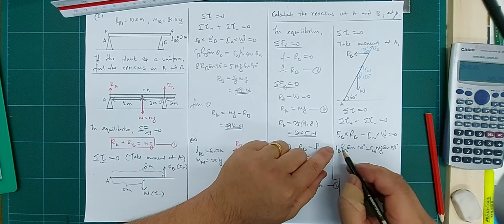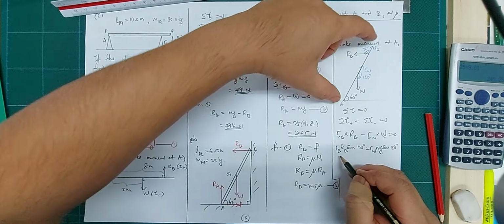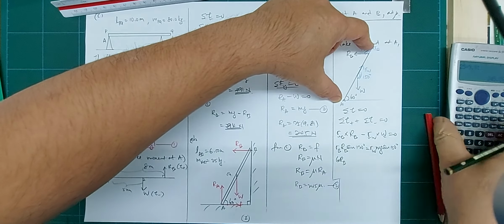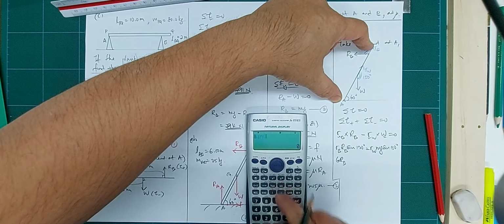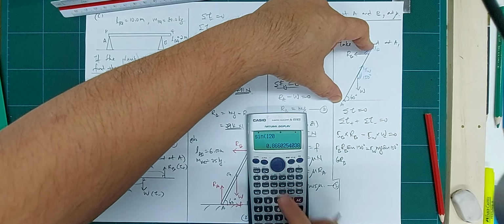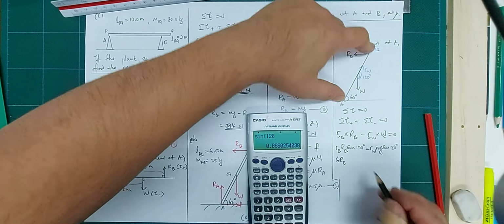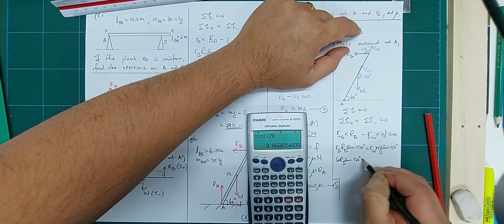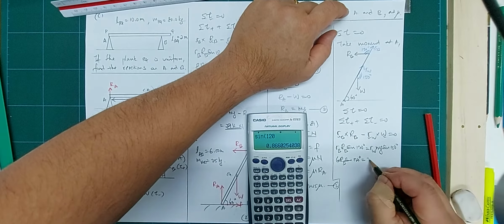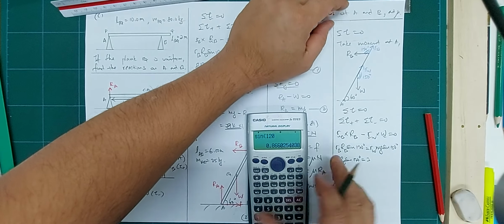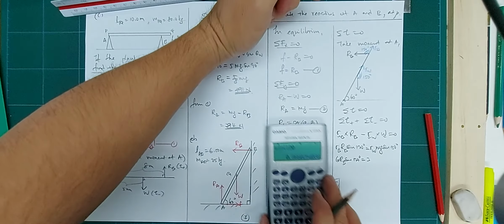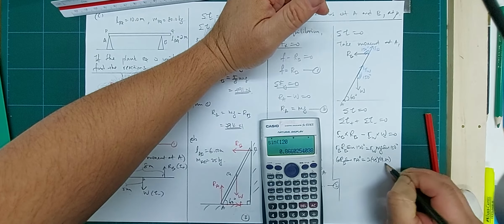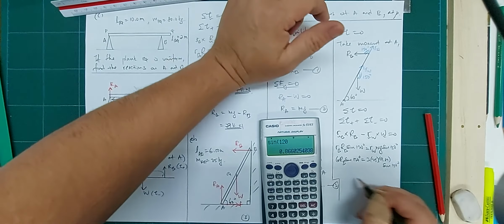Okay, our RB here is this length, which is 6 meter. So 6 RB, and then sine 120, multiplied by RB. Sine 120 is equal to RW is half, right? So 3 mg, the m is 25 kg, 9.81, and sine 150.